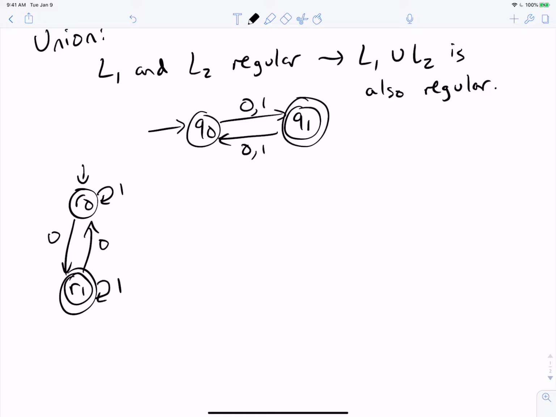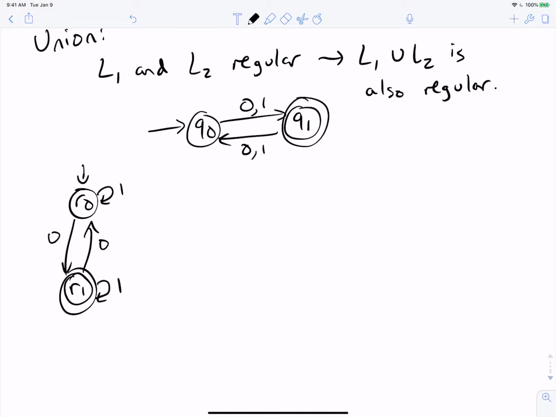Okay, so here, what can we do? The idea that we started to talk about last time was I have the Q machine in one half of my brain and the R machine in the other half of my brain. I'm at the beginning of both machines, which is Q0, R0. Then what do we do on input 0? I look at the first machine, see what it did, and look at the second machine, see what it did, and I update both halves of my brain simultaneously. Let's say we are in Q0, R0.